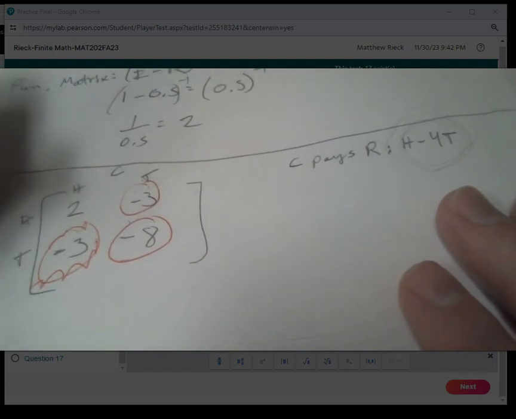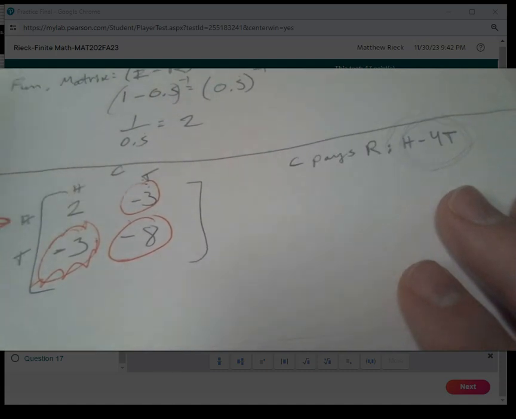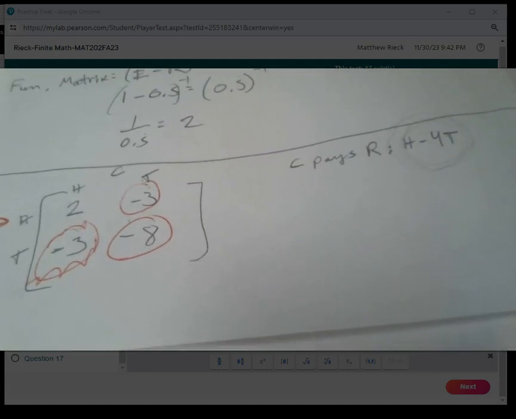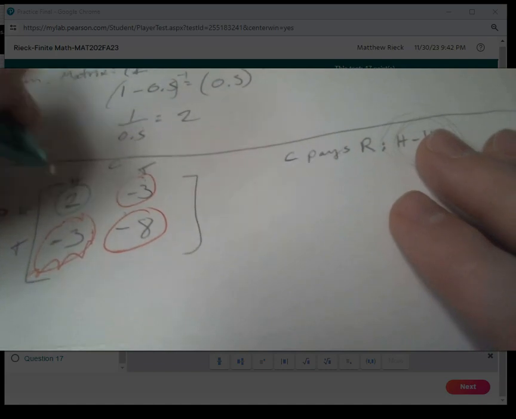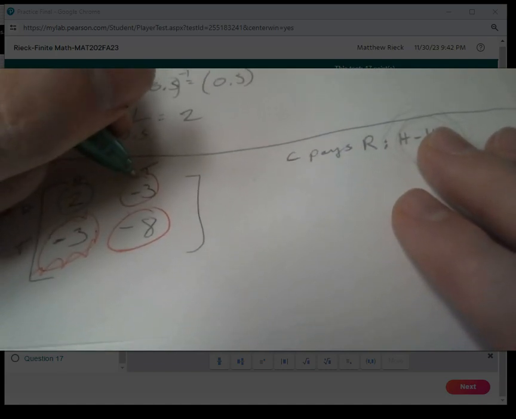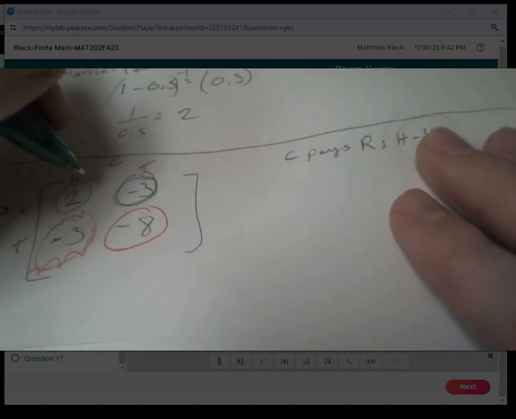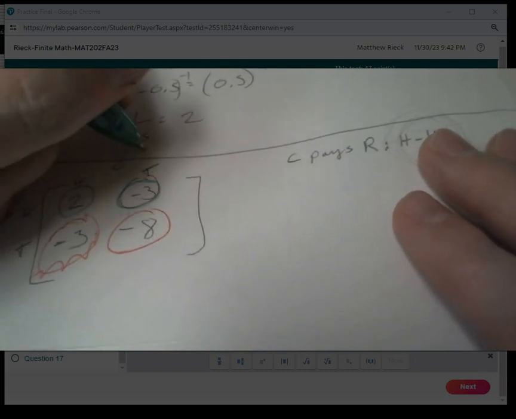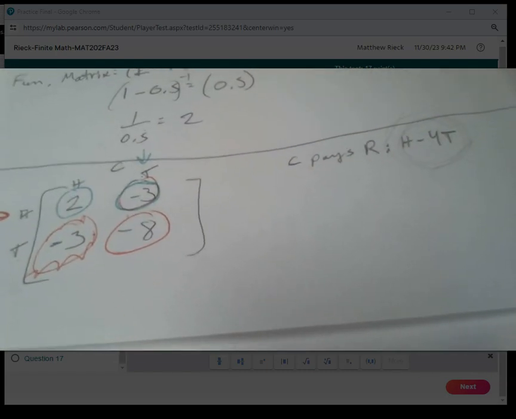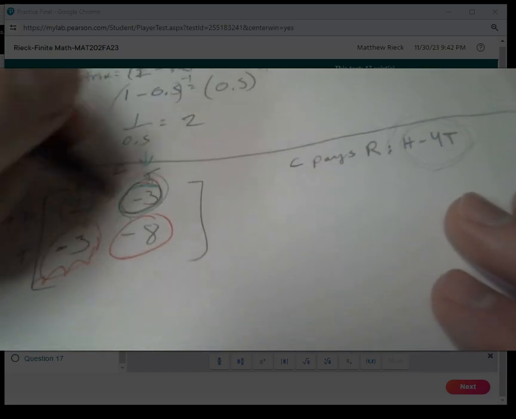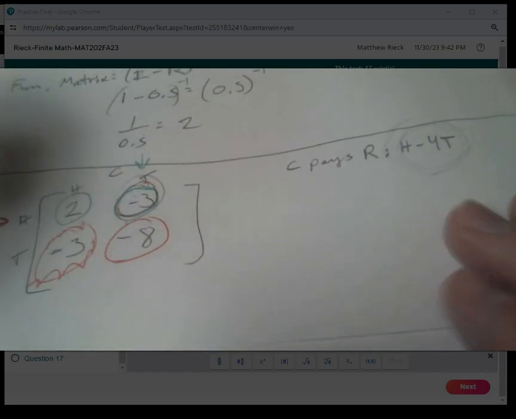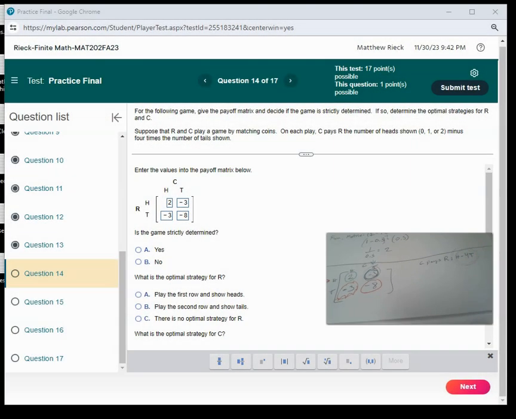Then you're going to choose the row for which that is as big as possible. So R should show heads. For C, you're going to circle the biggest element in each column, and then choose the column for which that is as small as possible. Since we have one that's circled red and green, that means it is strictly determined.